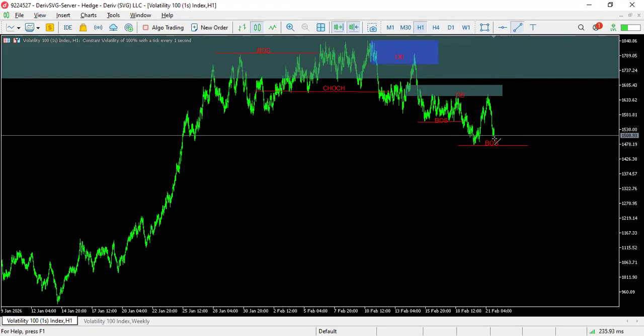So this is what I'm waiting to see happen. I'm waiting for price to break this low to the downside, and then go over for a retest or mitigate my order block. And then I'll join the trend.